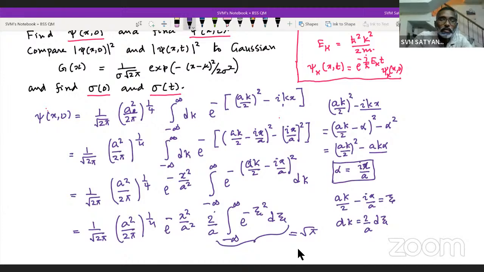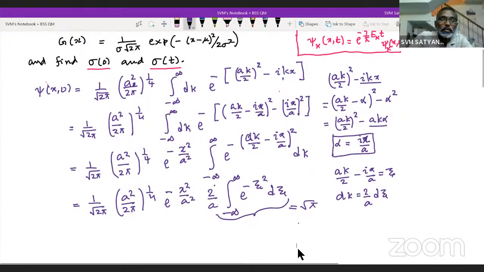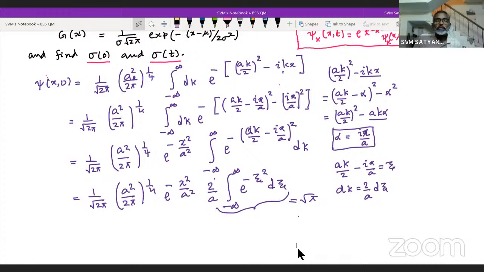So you can see that this root pi will cancel with this root pi. And a square to the power 1 by 4 is basically root a, and this a will cancel with this, giving you a root a on the top, and this root 2 will cancel to give a root 2 on the top.